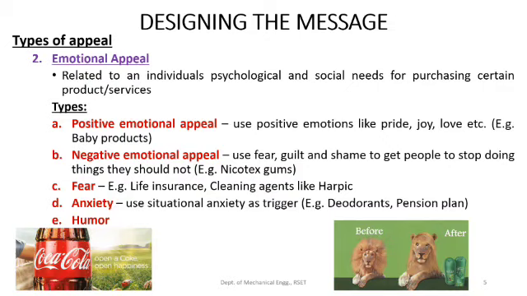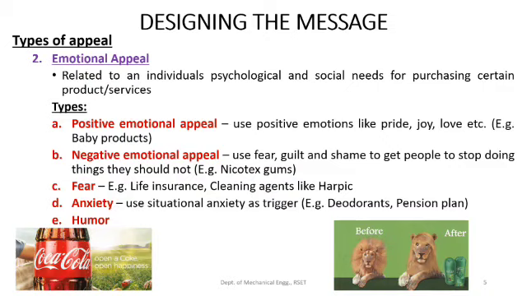Okay, so the next kind of appeal is anxiety appeal, which uses situational anxiety as a trigger. For example, take the case of deodorants, pension plans, all those kinds of products use this anxiety-based emotional appeal, where situational anxiety, like having a bad odor.